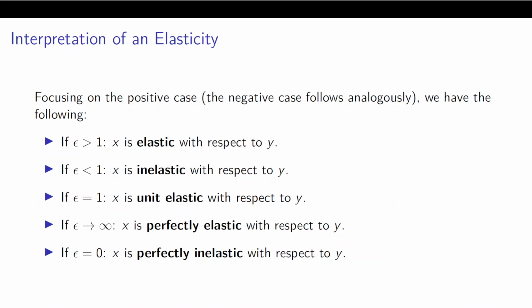And then there are two polar cases. If epsilon goes to infinity, that would mean that x is perfectly elastic with respect to a change in y. For example, again, if this is demand for good x, and this is the price, then a slight increase in the price would lead to a situation that nobody demands the good x anymore.